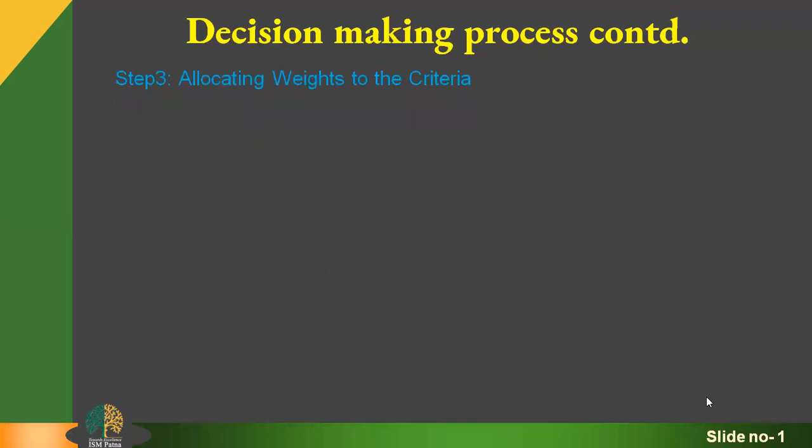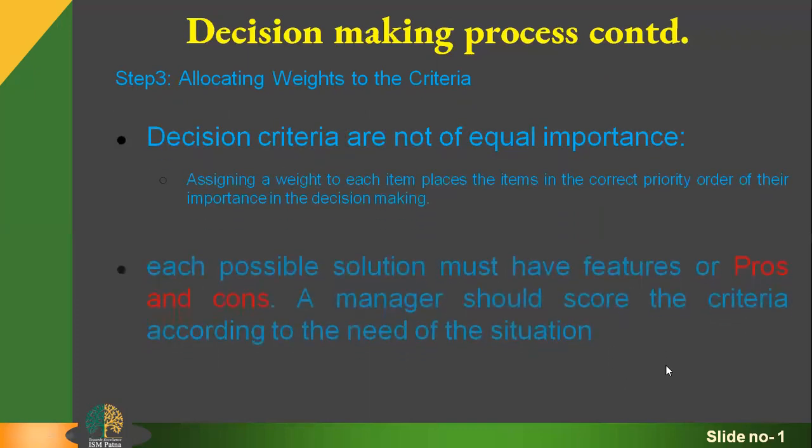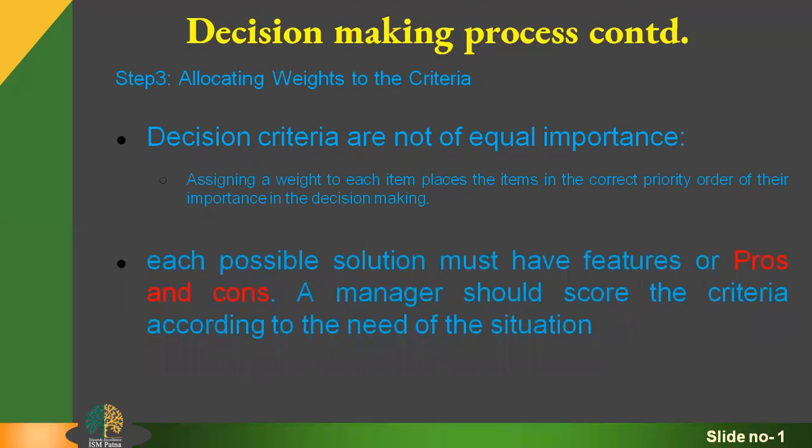Now, step number 3, allocating weights to the criteria. What does it mean? As you know, allocating weights means giving support to a particular course of action.